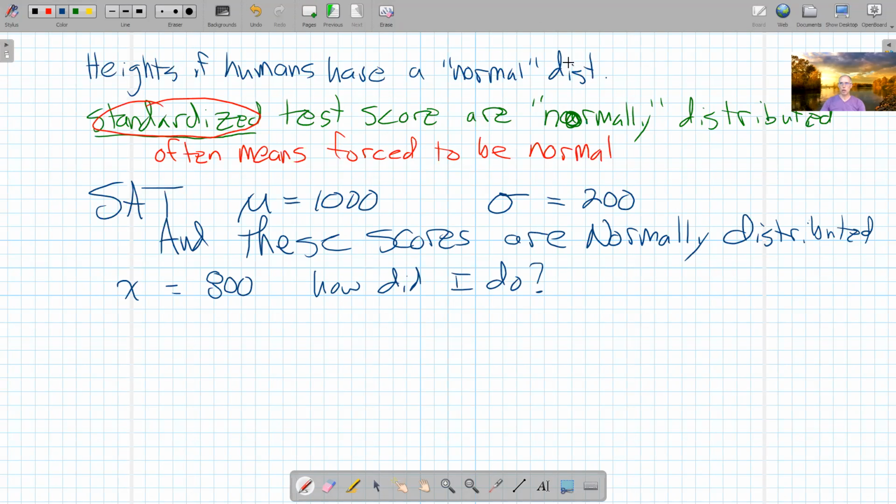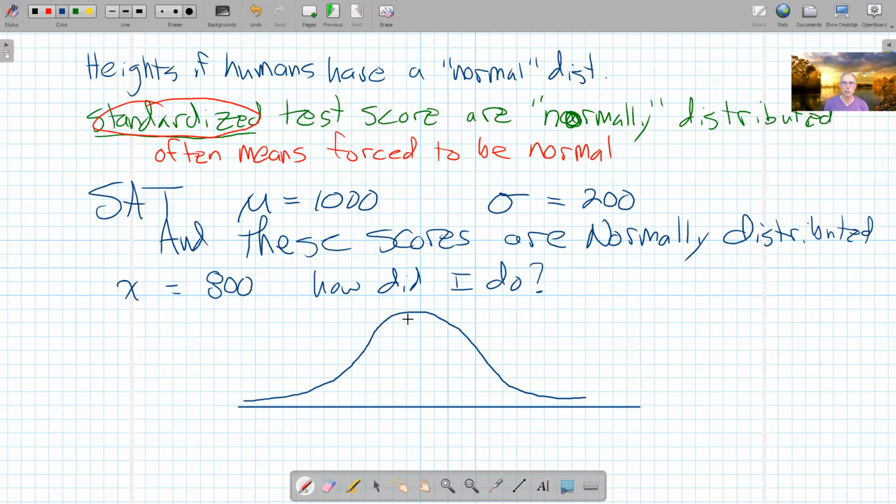So I'll just draw my own, what the hell. My best bell-shaped curve. So kind of like we've been drawing these for a while now. Good enough.